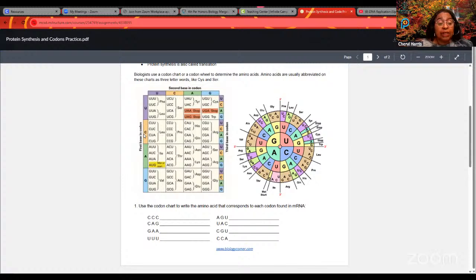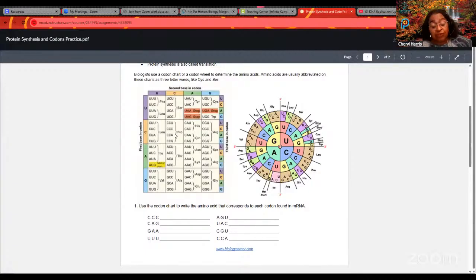That tells me the answer is in the second row. Then for the second letter, I go up to the top where it says second base, and that's a C also. So I come down to the second row, second column, and that's where my answer is going to be.